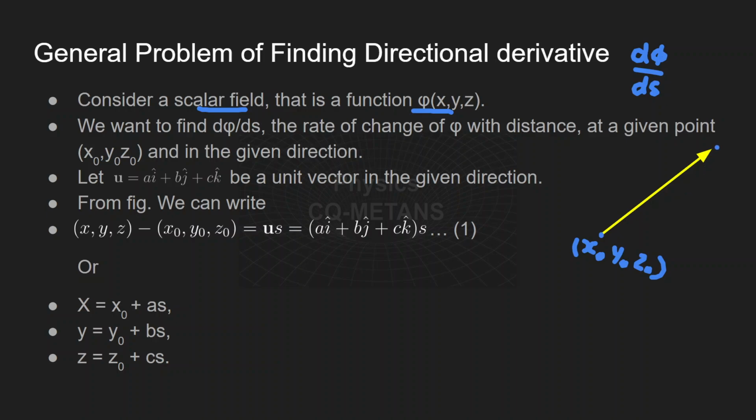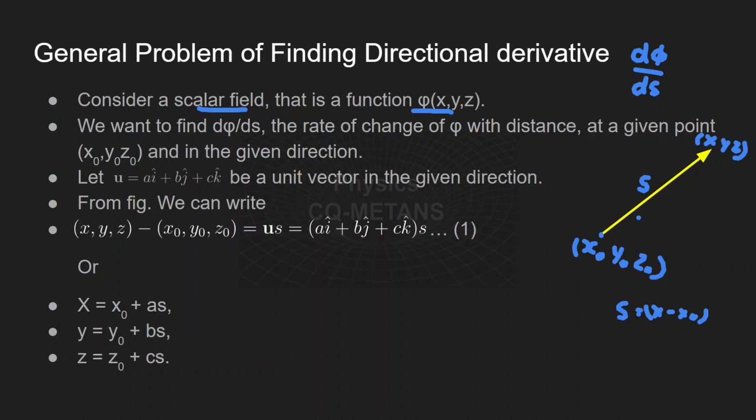And we are moving along this path to reach some point which is x, y and z. Now we know the distance between these 2 points is s. So if I do x minus x naught, y minus y naught, I can write it as s is equal to some x minus x naught, then plus y minus y naught and so on.